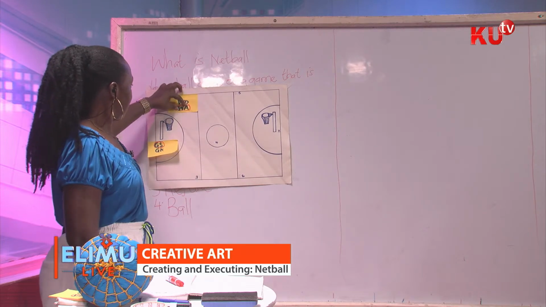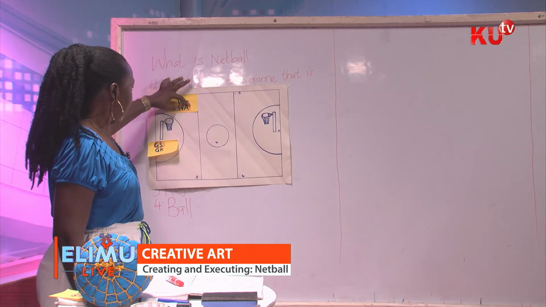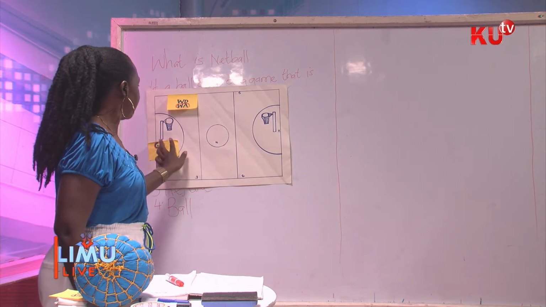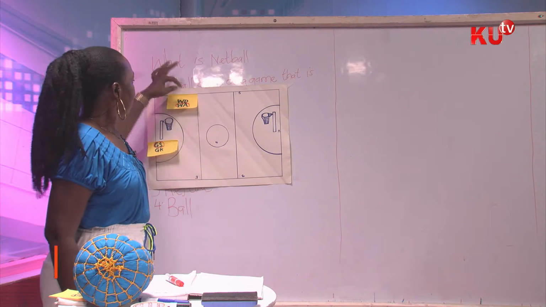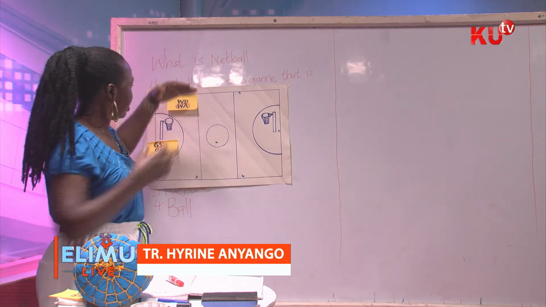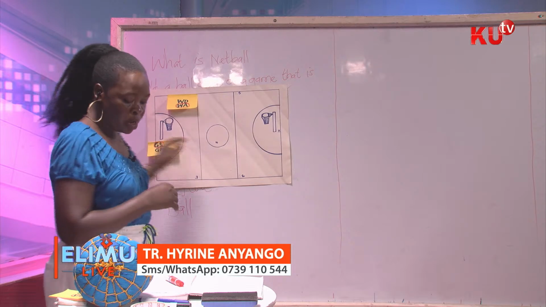Another work that this player has is that in case there is any rebounding ball from this semicircle, the wing attack will receive the ball again and pass it to the goal shooter.